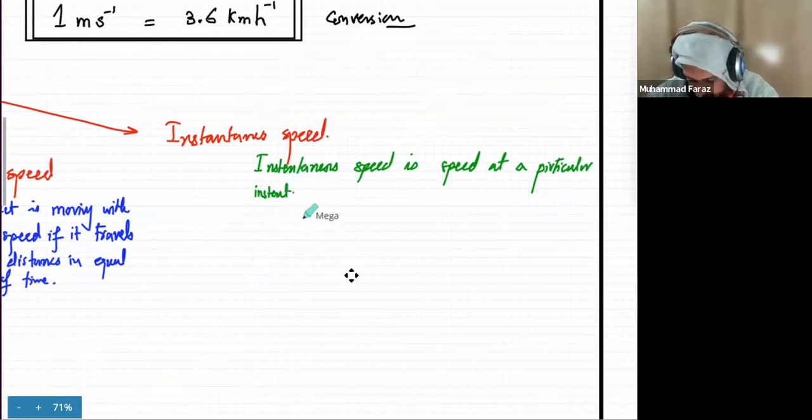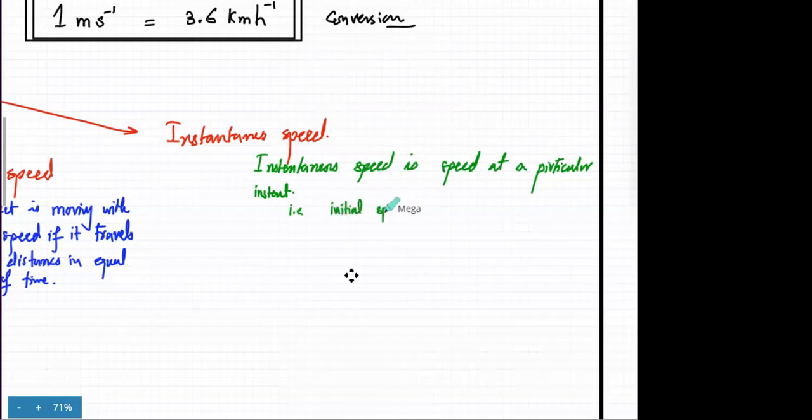Some very common examples are initial speed and final speed.